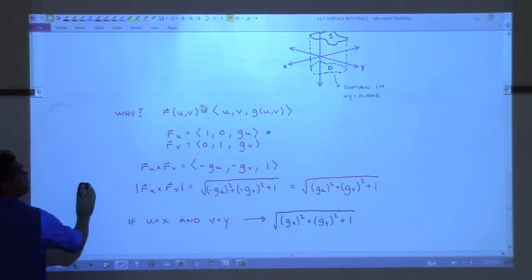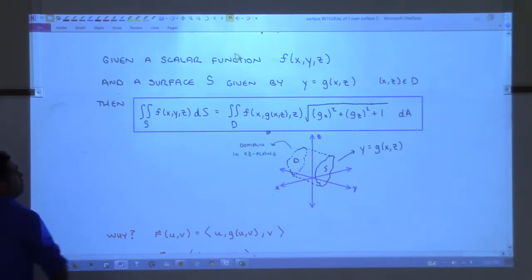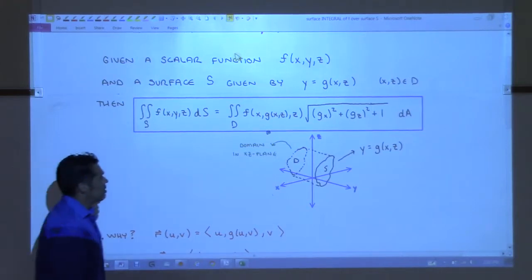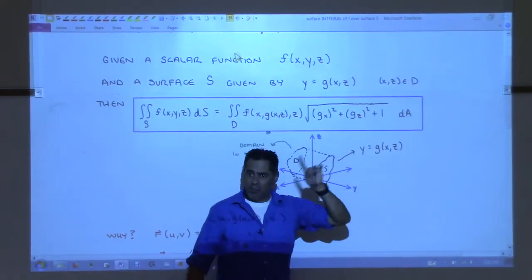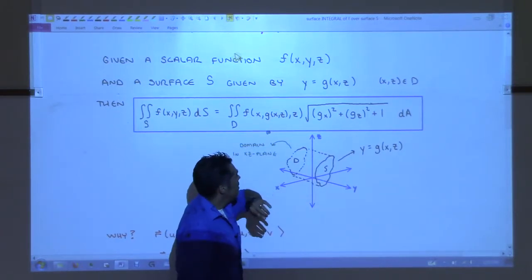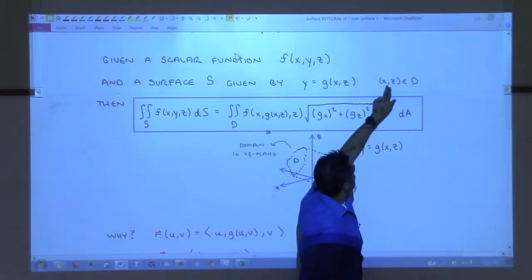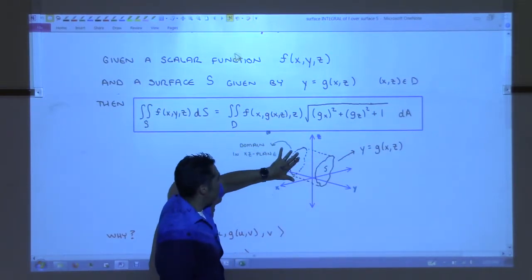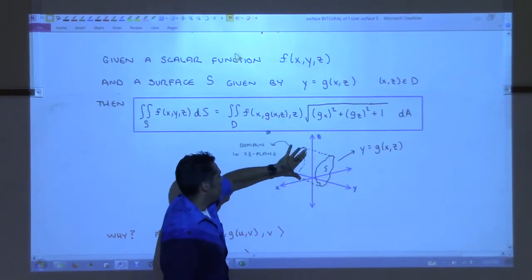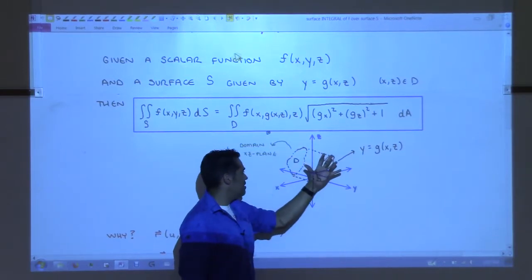But what I did not do last time is show you how you could do a surface integral if your surface S is a function of x and z instead of x and y. So this time, your two variables in your domain are x and z, which means they live on the xz plane. So your domain is over here on this wall, and your surface is out here somewhere.